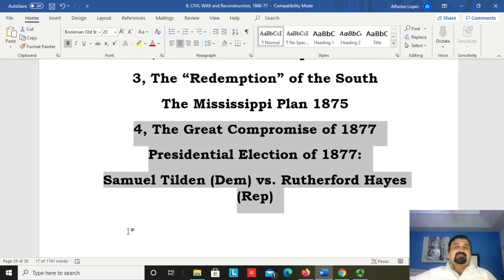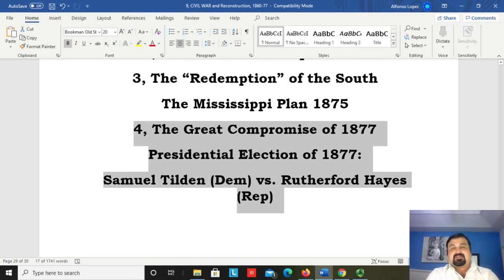There was a compromise called the Great Compromise of 1877, in which the two sides, Democrats and Republicans, approached each other and said, look, let's end this crisis with a compromise. So Southerners came forth and said, look, we're willing to concede. We're willing to tell the country that we lost and you won. You, the Republicans, will win again, with only a few conditions.